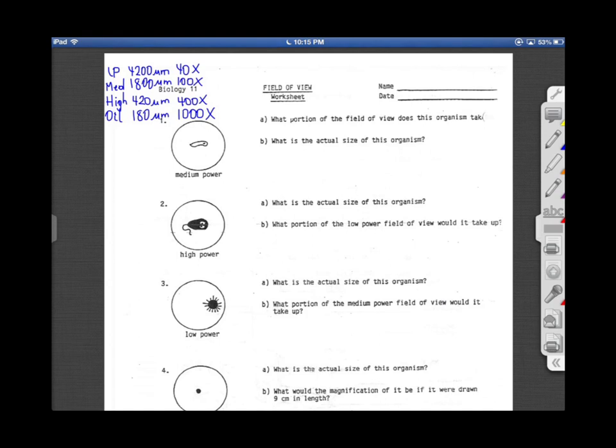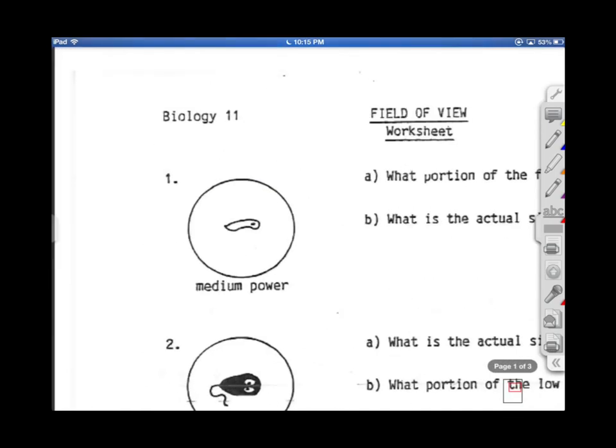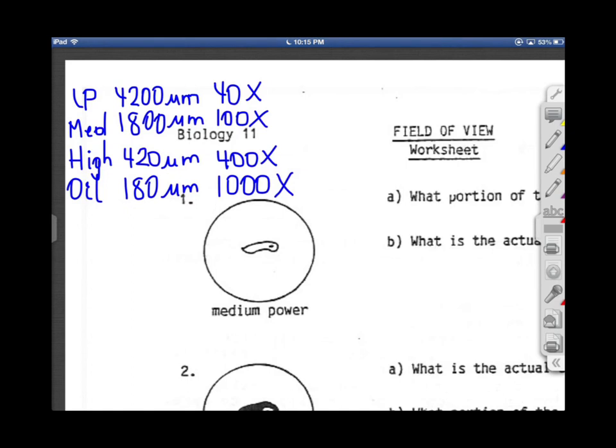So I've taken the liberty of writing in a little bit of important information. You can't do these calculations without this. In this upper corner here, I've written low power, medium, high, and oil. Now what those stand for are the overall powers of lenses that you use in the microscope.